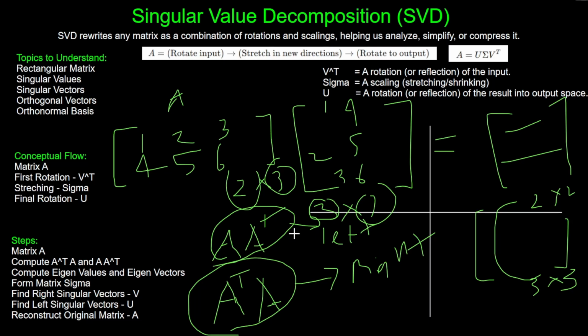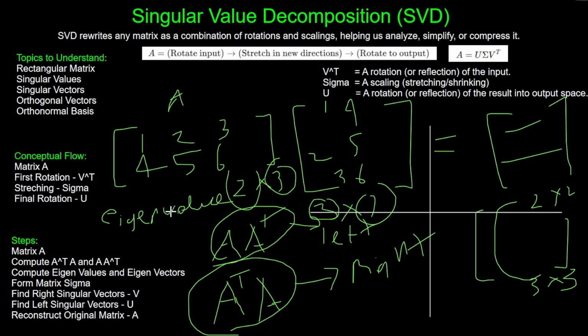The eigenvalues which we find for either the left or right part will actually be the same. Why? Because the eigenvectors for this or this are intrinsic to A itself. One may have an extra zero while calculating the eigenvalues, but the non-zero eigenvalues of both will be the same.